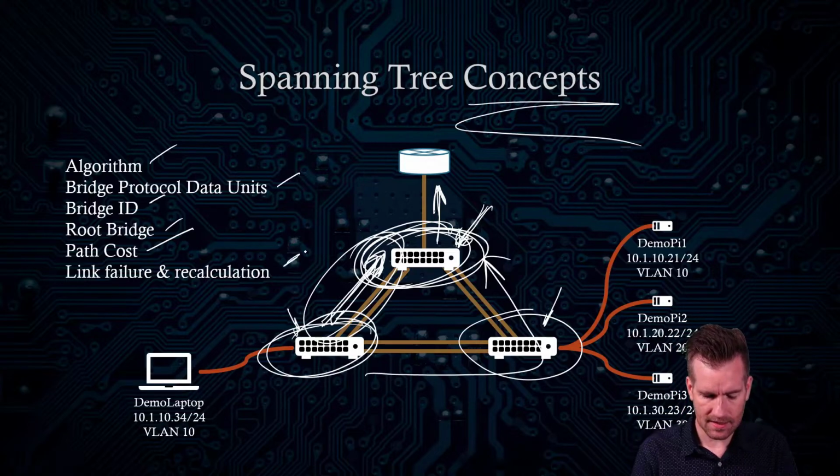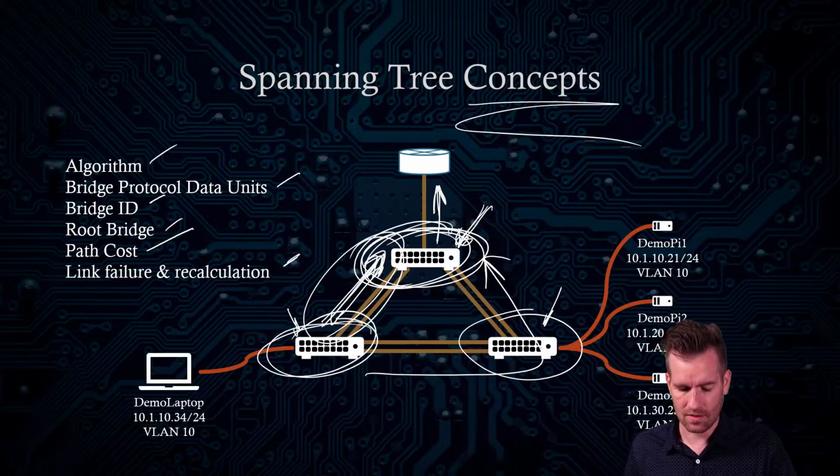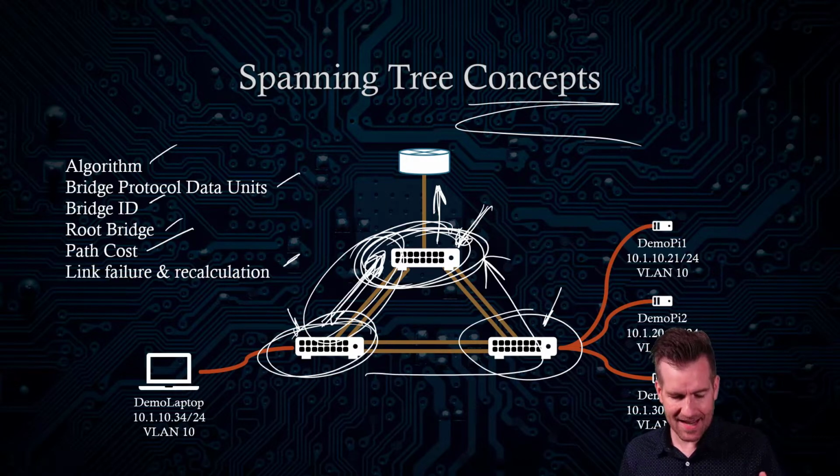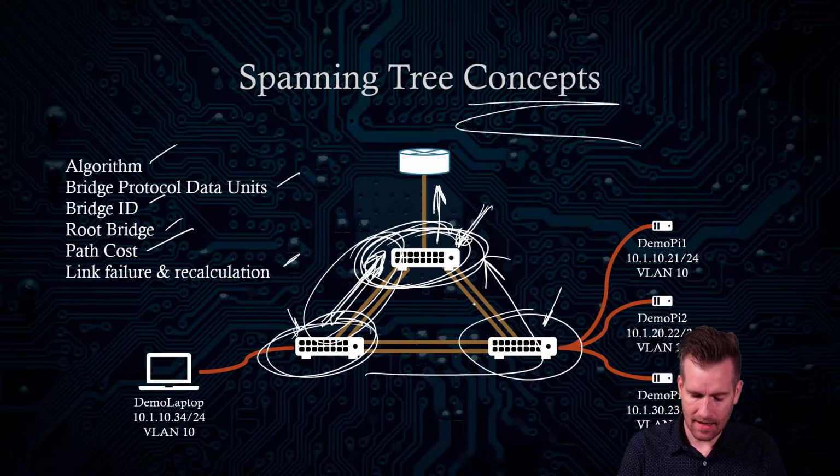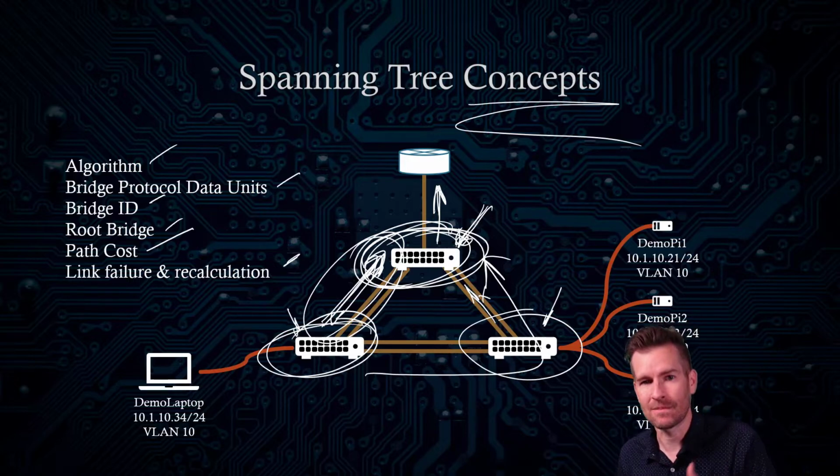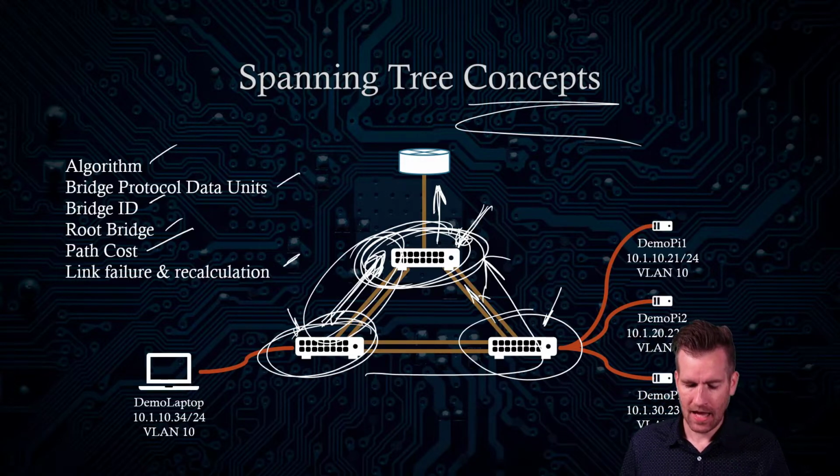Then there's also link failure and recalculation. The one thing that has to happen with spanning tree is if one of these links goes down, then the other link can take over. The one that was shut off now becomes live. And so those are some concepts when it comes to spanning tree protocol.